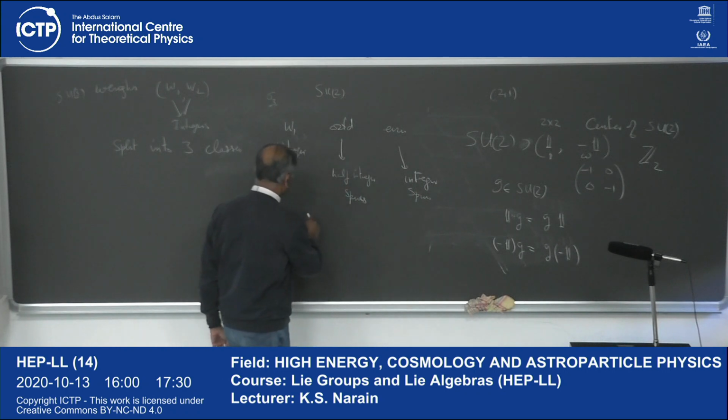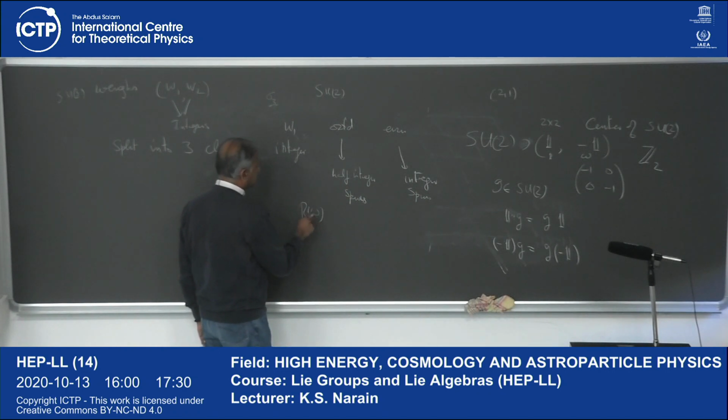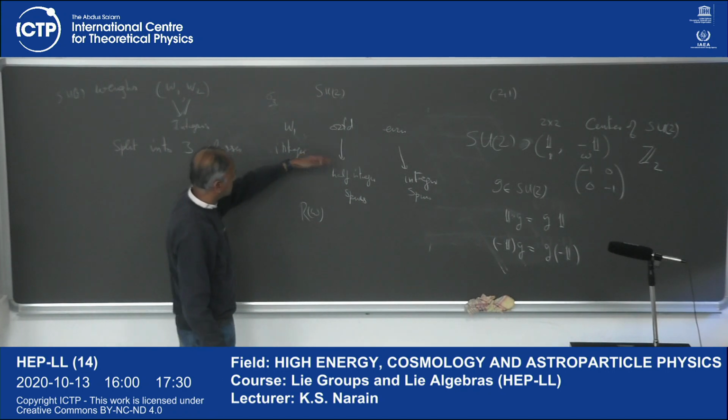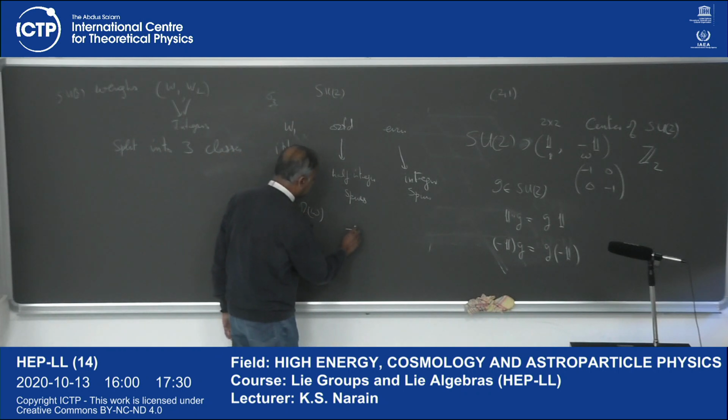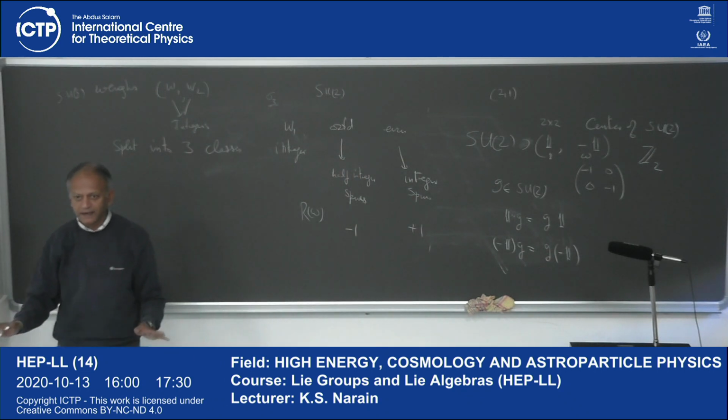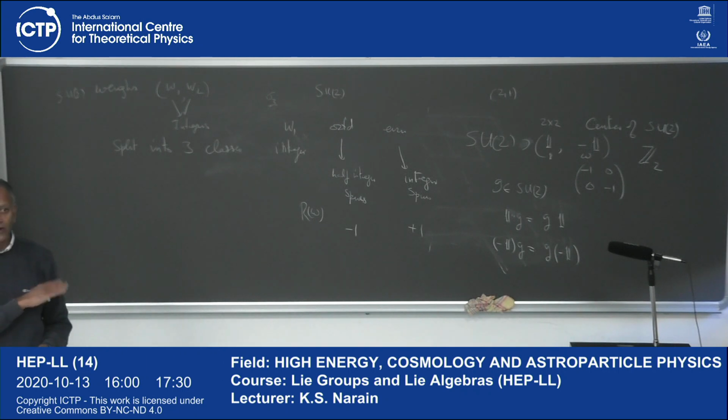Then if you look at the representation R omega, and the action of omega in that representation on these weights, you find that this acts as minus 1 on the odd ones and with a plus 1 on these even integers. I don't know if you remember that. It was a brief discussion I made before I went to SU3. Anyway, we will see that again here.